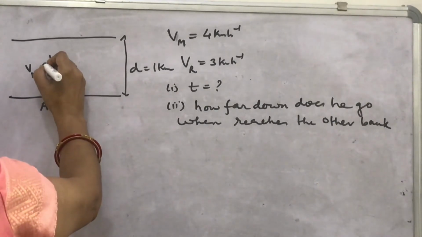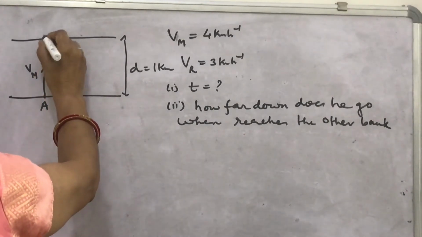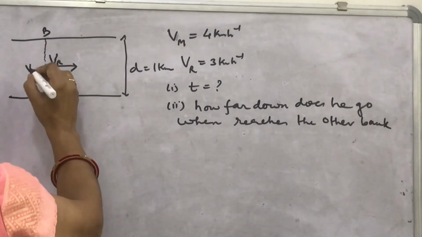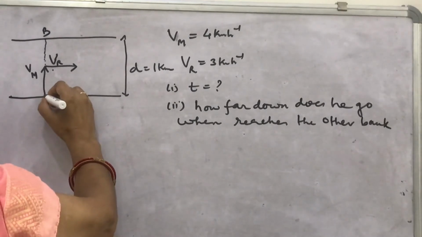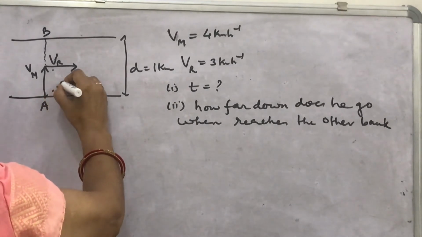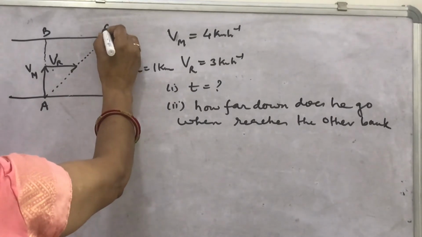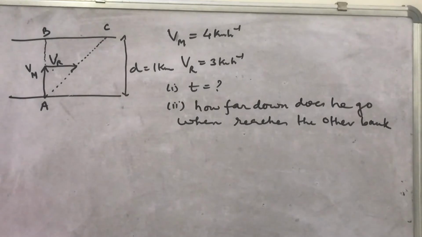If you extend the velocity of man vector, you reach the point B, and this is the velocity of man with respect to river. If you take the vector addition of these two vectors, then you find the point C, and you extend the vector in this direction.